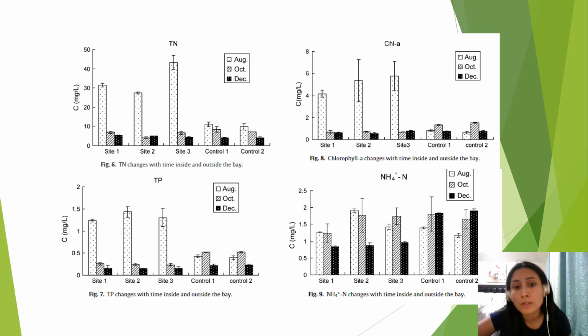Control number 1, control number 2 are outside of the bay. And in all of these charts, within the bay, we see that the concentration of these nutrients start off high and decrease drastically. Outside of the bay, the concentration of these nutrients start off low and decrease throughout time as well.